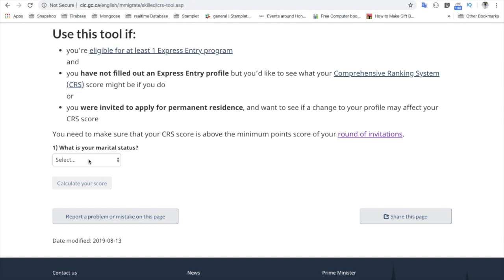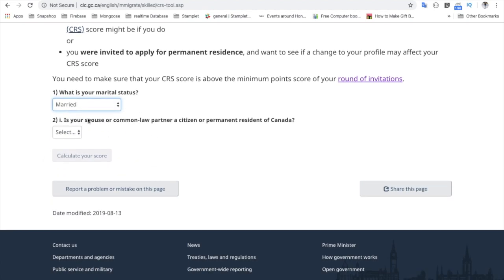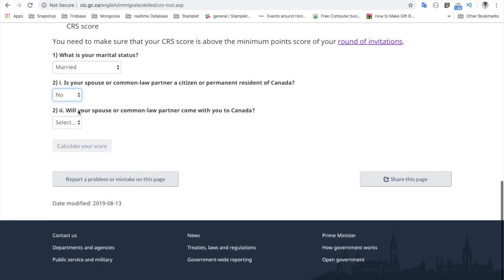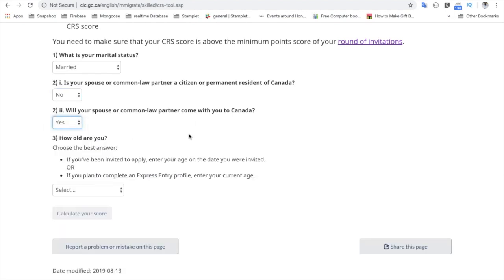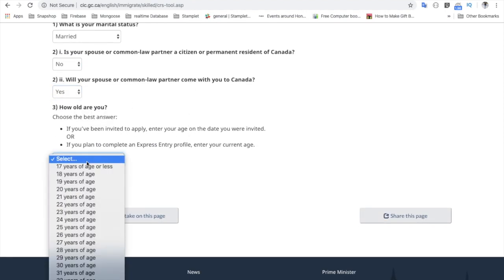First of all, I was the primary applicant and Simran was the secondary or the dependent. So we'll do this for us. Now I'm married, so I selected married. Is your spouse or common law partner a citizen or permanent resident of Canada? Simran is not, so we select no here. Will your spouse or common law partner come with you to Canada? The answer is yes.